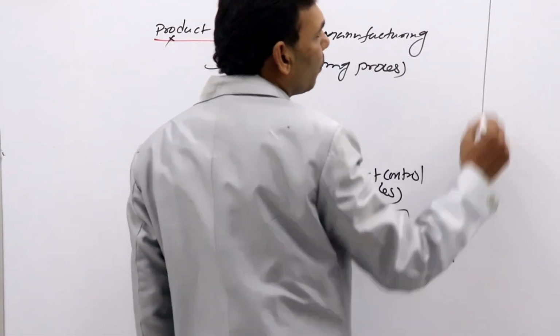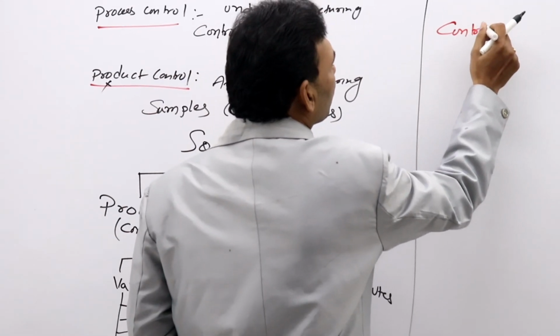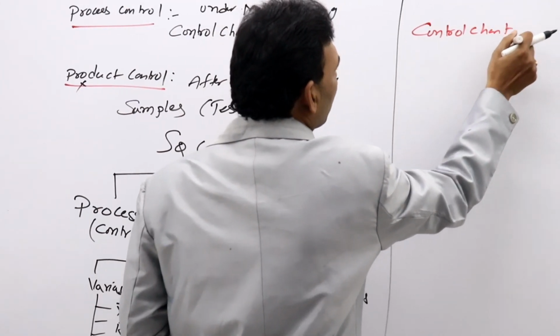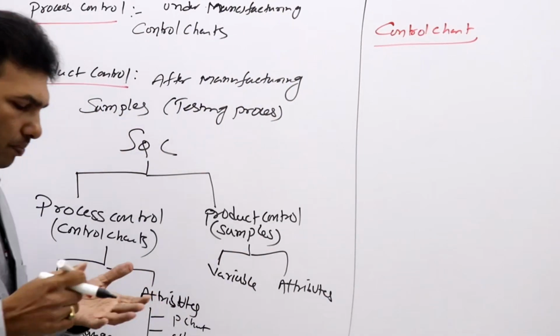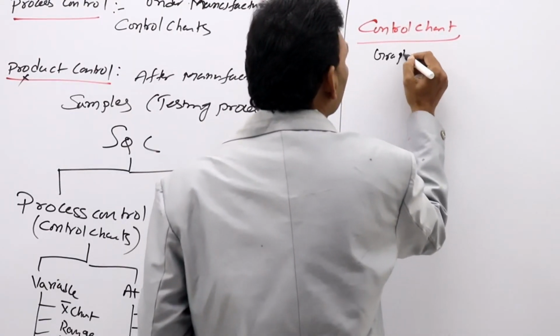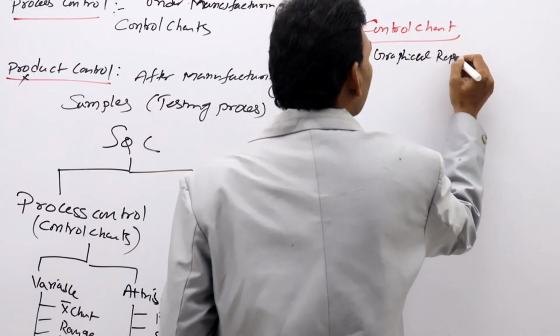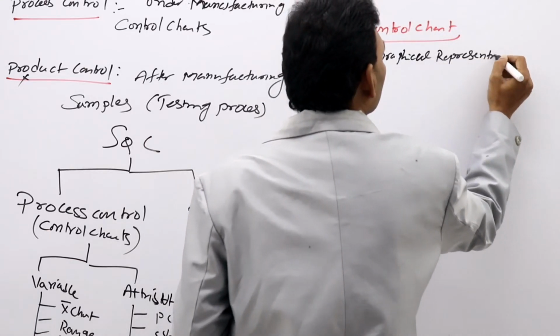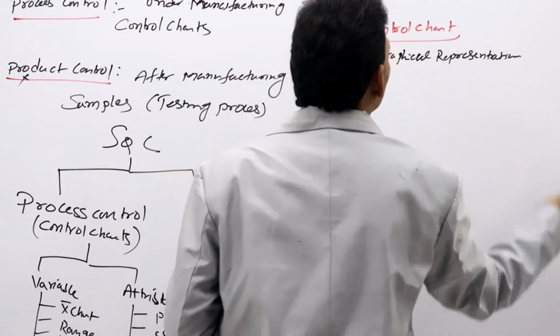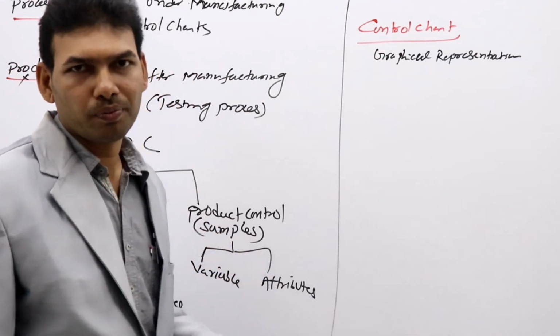So what you need to know now is, what is a control chart? What does it contain? A control chart is a graphical representation of processes, showing whether the process is under control or out of control.